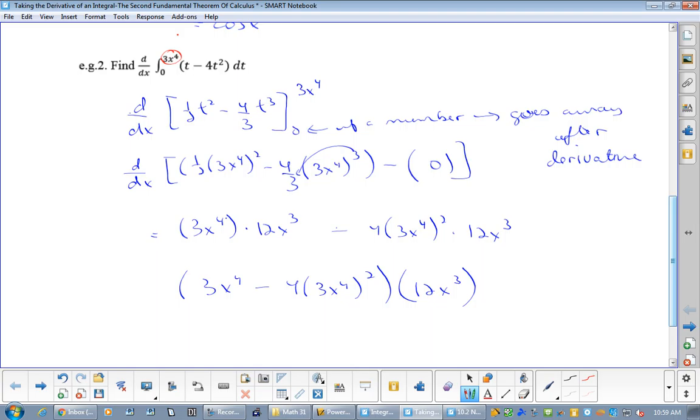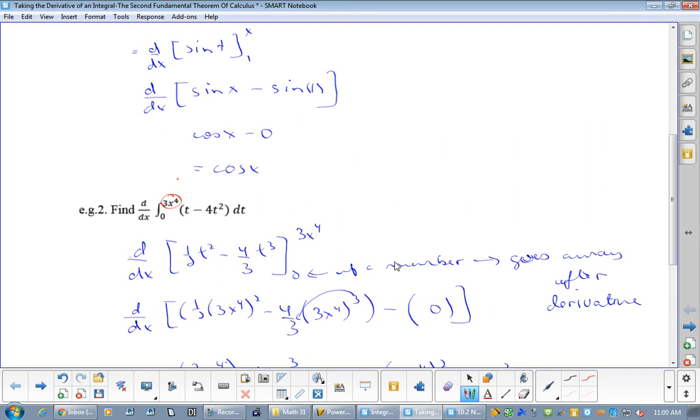I could, but I wanted to more show you what happens when you take the derivative of an integral where the upper limit is not x. Okay, the first thing I think people can understand is 3x to the 4 will be inside. But we always will have to have the derivative of that upper limit at the end.